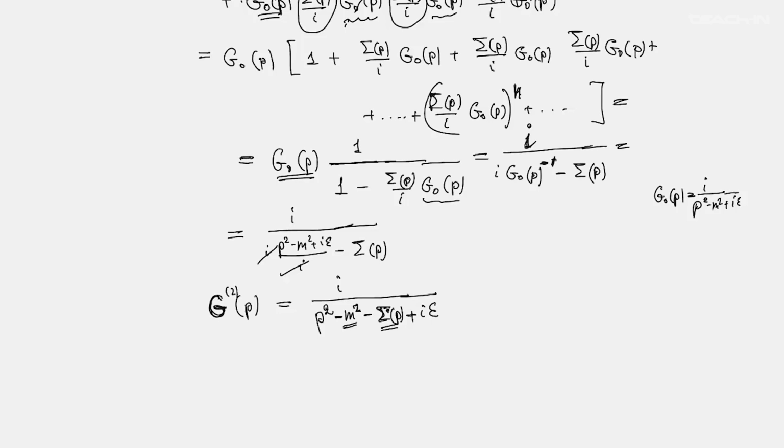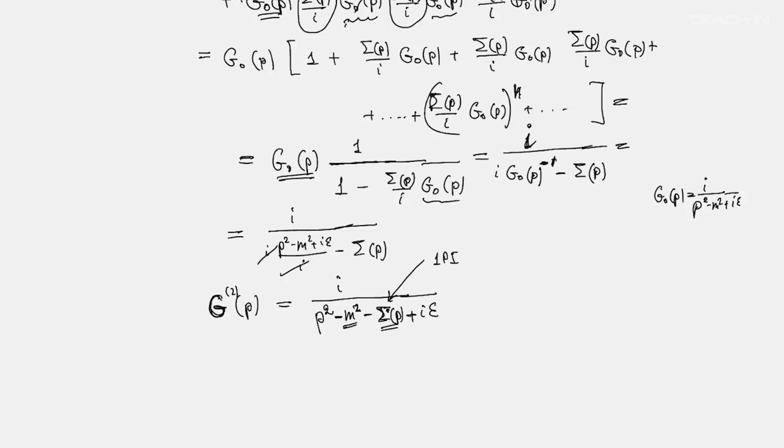And we see exactly the effect which we have seen at leading order of perturbation theory, the shift of the mass. This time it's a more complicated effect because the shift happens by a quantity which is itself momentum dependent. Yeah, so sigma of P is momentum dependent. And we understand due to what this happens. This happens due to the sum of all one particle irreducible Feynman diagrams.